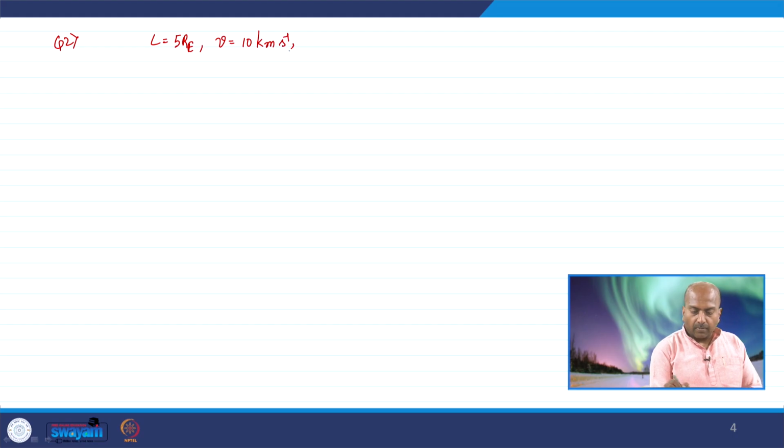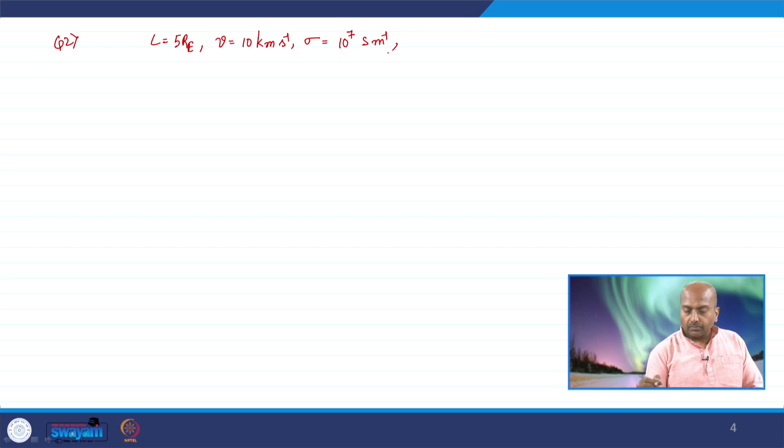So, let us say we consider a magnetic flux tube at L equals 5 RE, this is the distance measure, and then the velocity is equal to 10 kilometers per second, okay, and sigma is 10 to the power of 7 S m inverse.